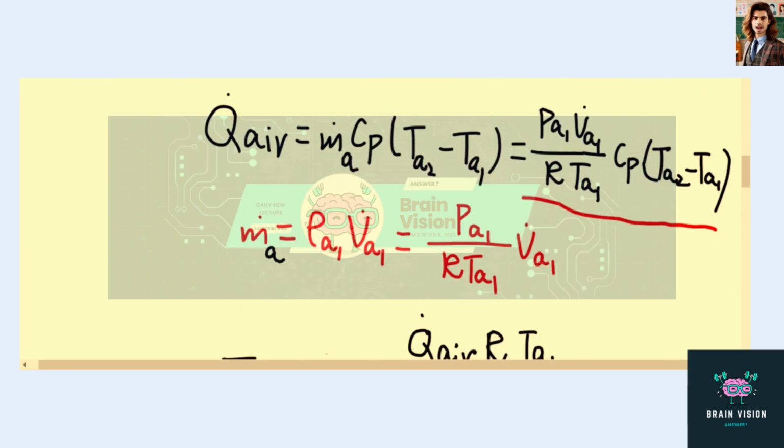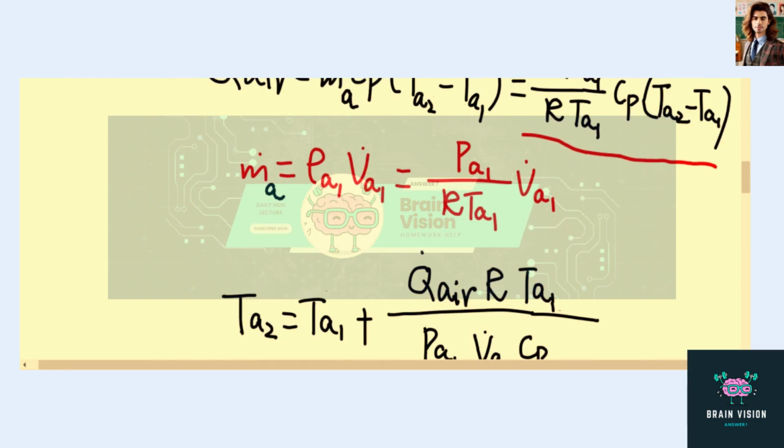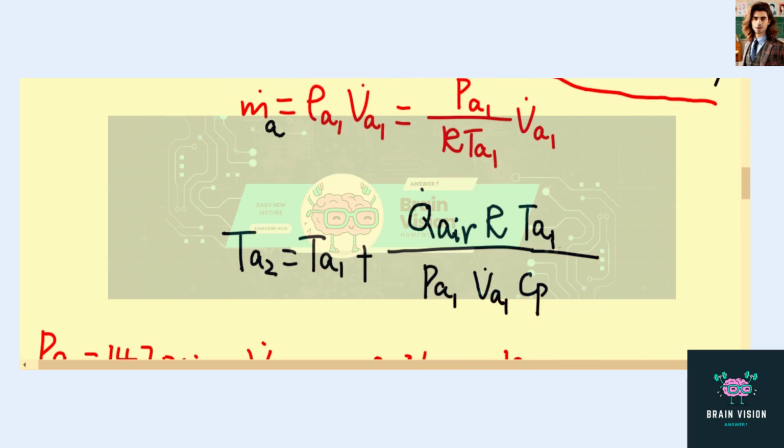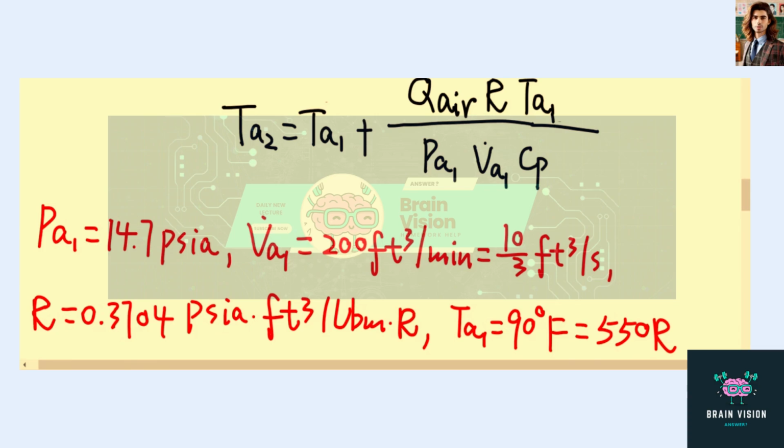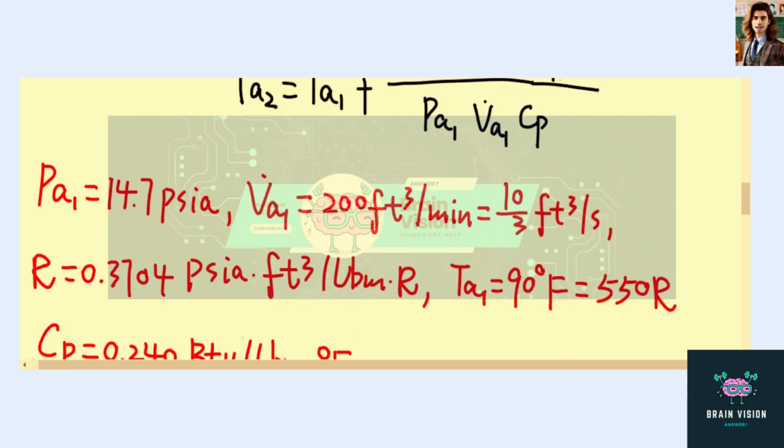If we rearrange, Ta2, the exit temperature of the air, is equal to Ta1 plus Q dot air times R times Ta1 over Pa1 times V dot a1 times Cp. The inlet pressure for the air is 14.7 psia, and the volume flow rate is given as 200 feet cubed per minute, which is about 10 over 3 feet cubed per second.